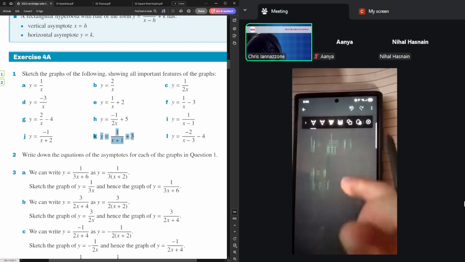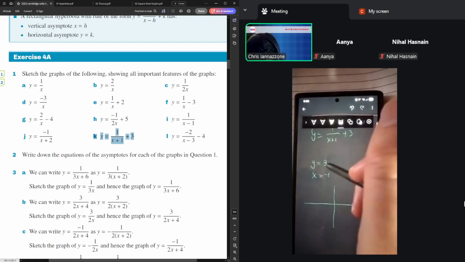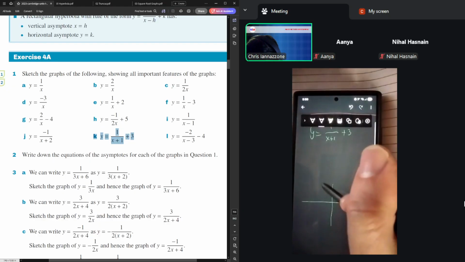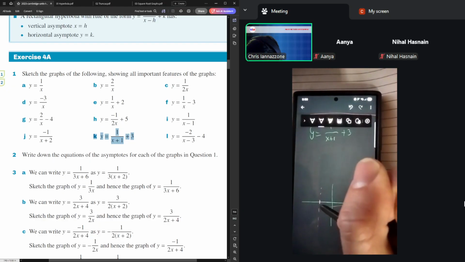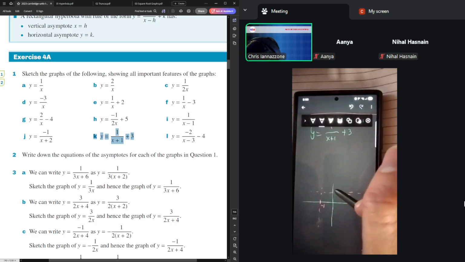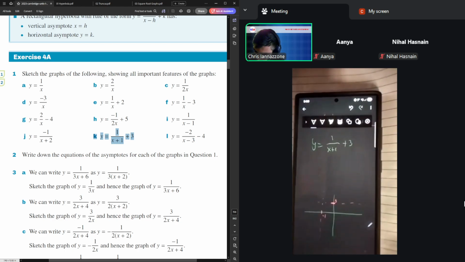Yes, that's right. Awesome. When I'm actually doing it in practice, I'll probably not even bother writing them down and just literally go straight to the graph itself. So you do your little dotted line, x equals -1. You do your dotted line, y equals 3.